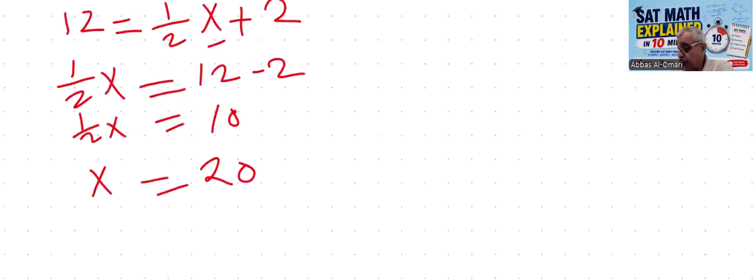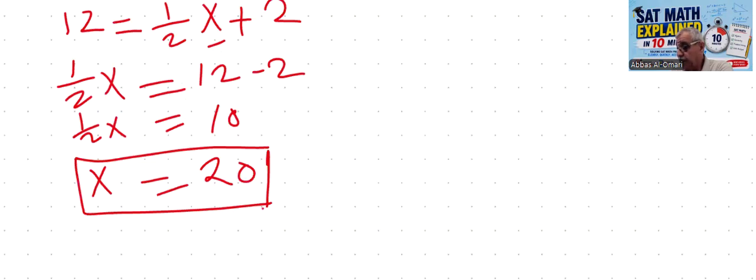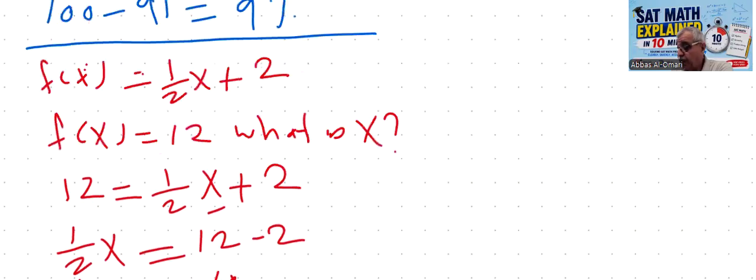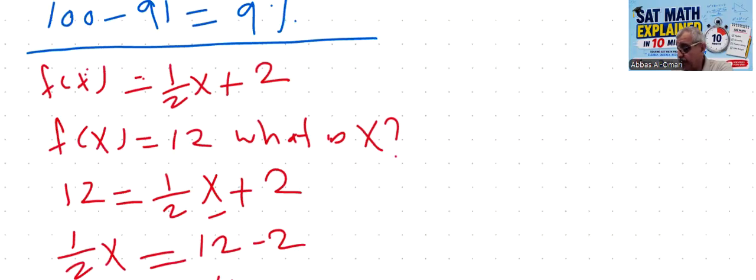We can substitute if you like to check your answer: for x equals 20, half of 20 is 10, plus 2 is 12. So f of 20 is 12.